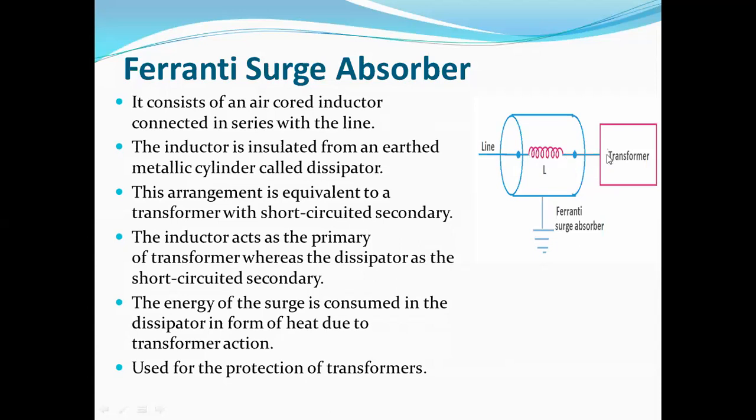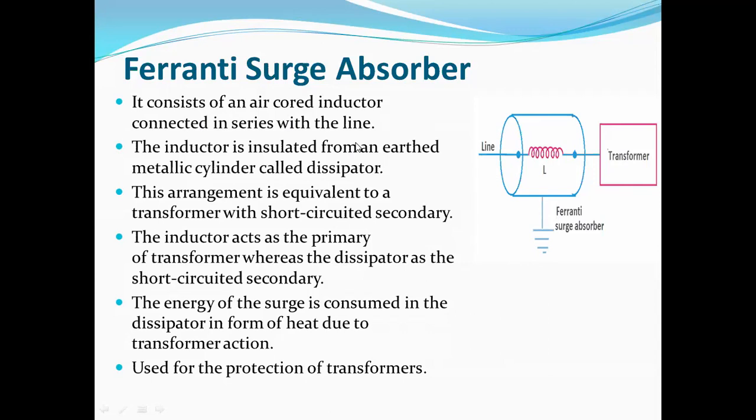Here this is an air core inductor, and this inductor is placed in one cylinder, a cylinder shape. We are again protecting the transformer here, and that cylinder is earthed. So it consists of an air core inductor connected in series with the line.